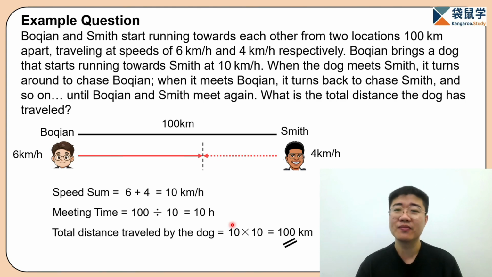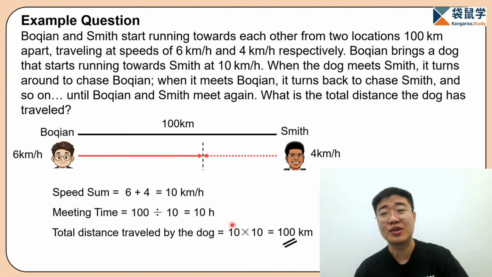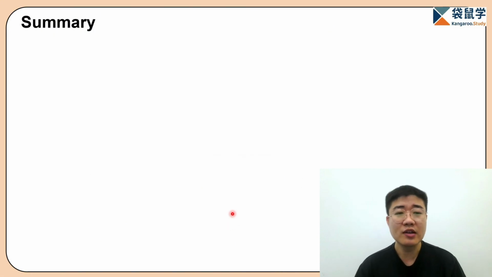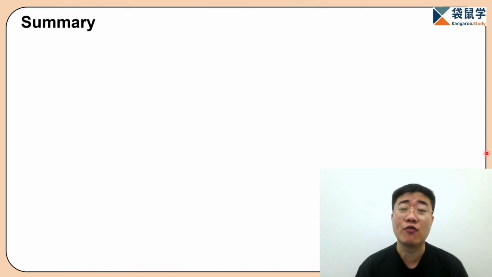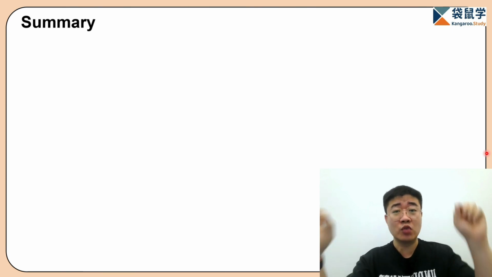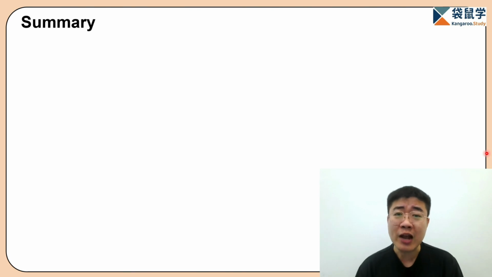So now that we are clear about this question, let's do a summary on the question here. In this question, we realize it's not the normal type of meeting problem, where it only involves two persons. This time around, we also have a dog that's traveling back and forth between the two of them.